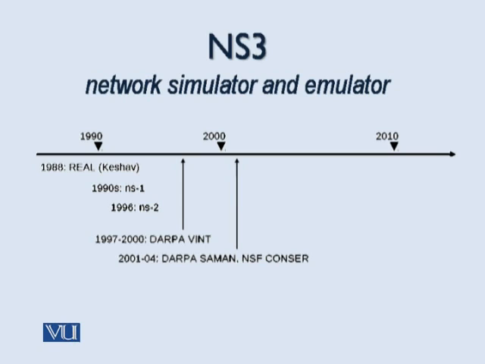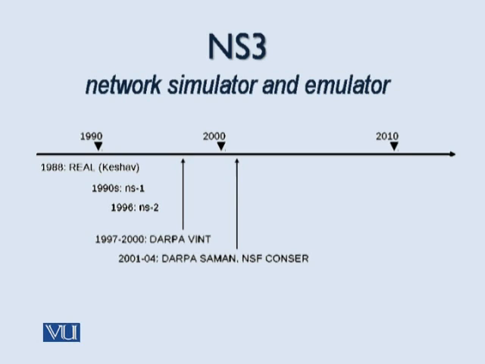And then after this project finished, again NS2 was funded by projects belonging to DARPA again and to the National Science Foundation of the US. So because of that, you had funding and people were working on improving the quality of the NS2 simulator. And people were proposing models, and these contributed models were being integrated into the main simulator.